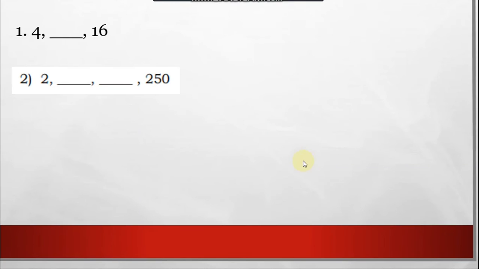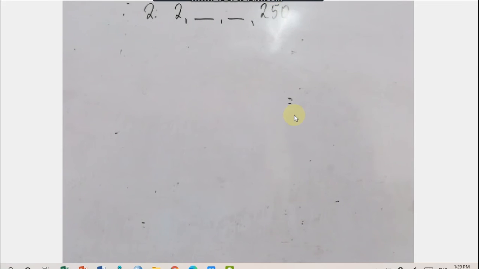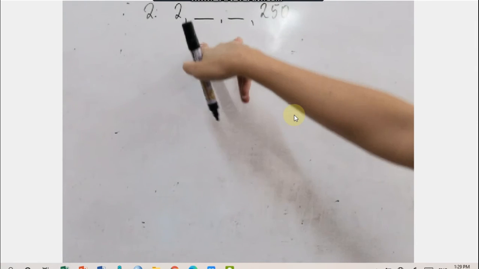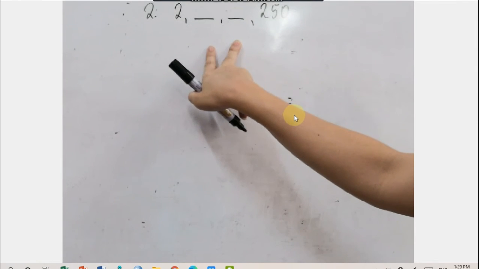Let's proceed with the second example. 2, blank, blank, 250. If you noticed, there are now two terms we are looking for, right? Okay, so let's try to solve that one. In this example, even the missing terms are different.